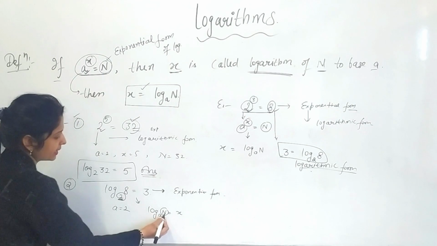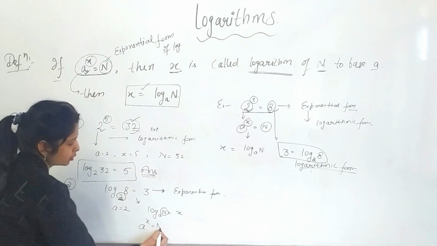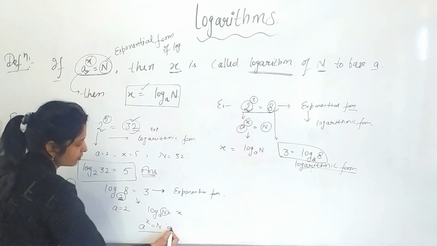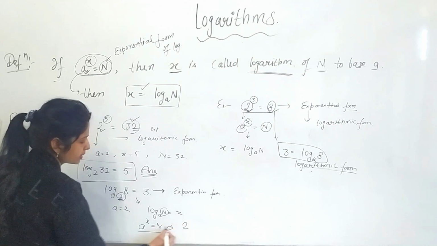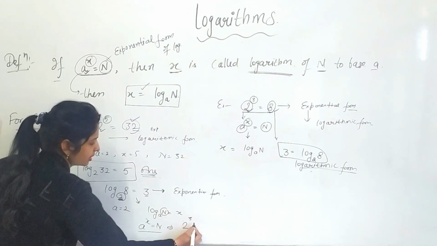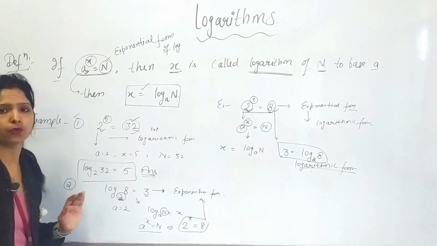So a raised to the power x is equal to n is the exponential form, and we will write this as 2 raised to the power 3 will be equal to 8. So this is called the exponential form.